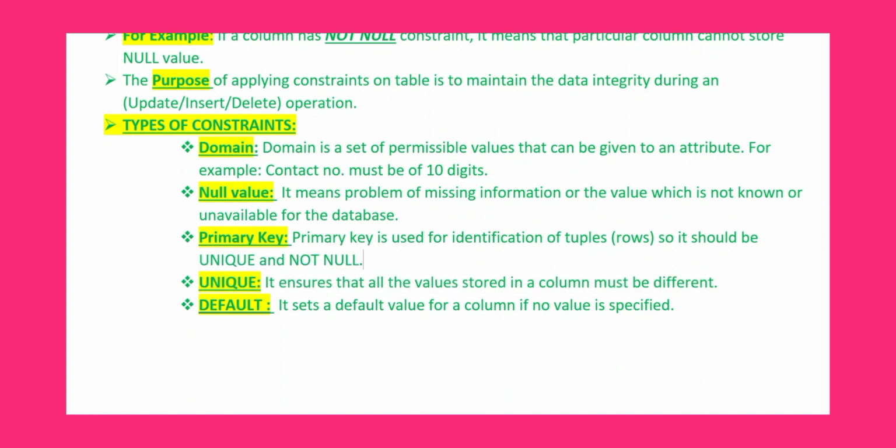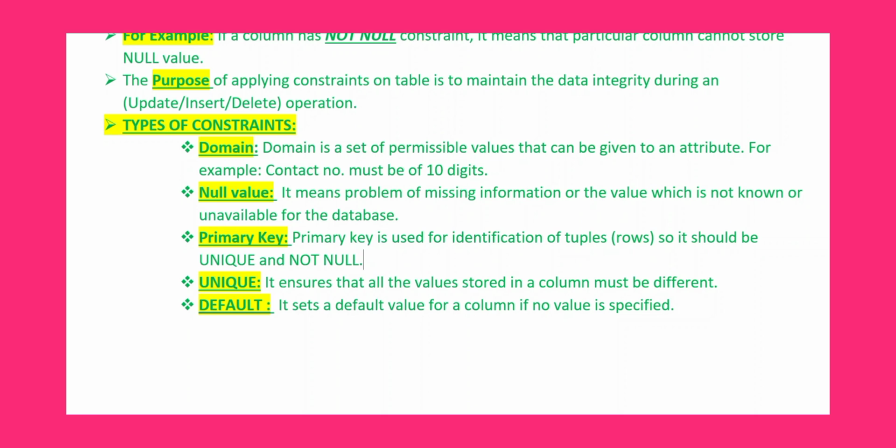Now, the last one is default. Default sets a default value for a column if no value is specified. By default, the database already sets some value if a value is not specified there. So this is the meaning of default constraint.